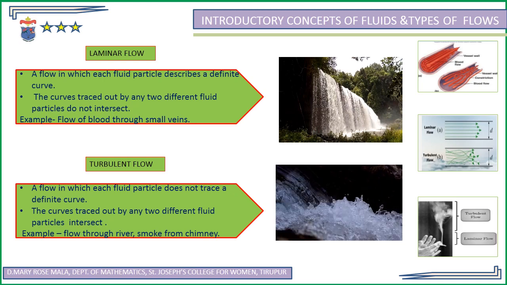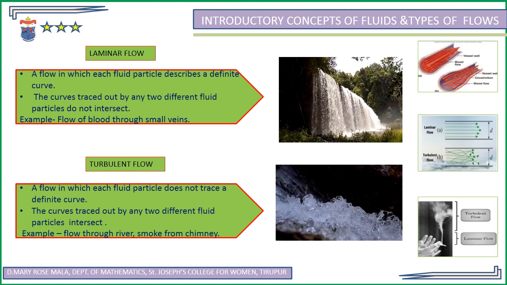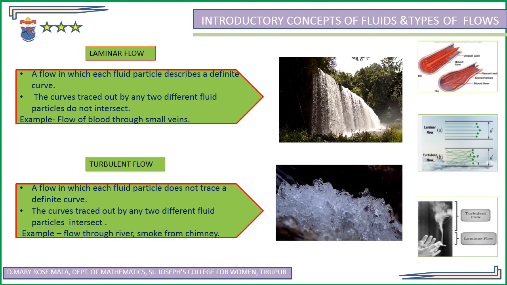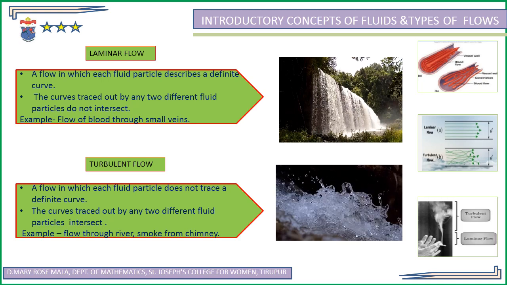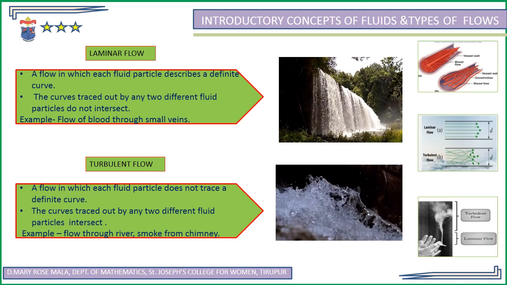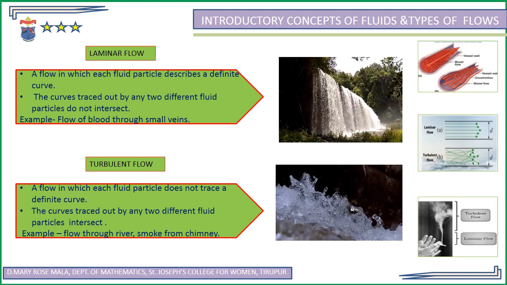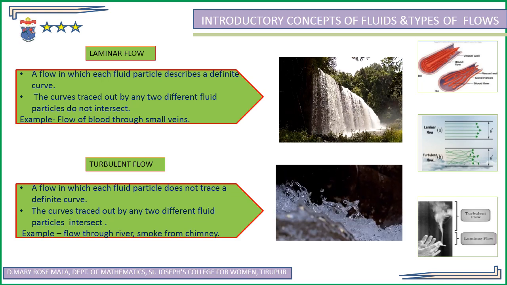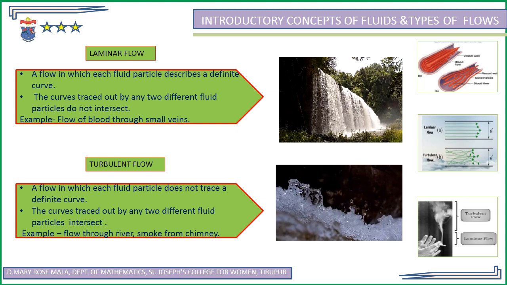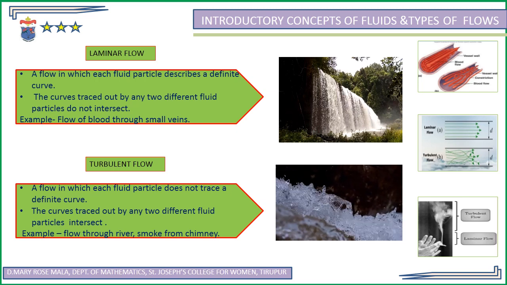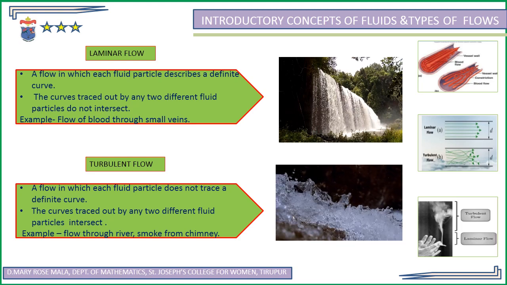In the case of a turbulent flow, the fluid particles intersect with one another and thereby we do not get a definite shape. Such a flow is called a turbulent flow. When we light a cigarette, initially we can see that the flow follows a laminar flow, and as it goes up, it follows a turbulent flow.